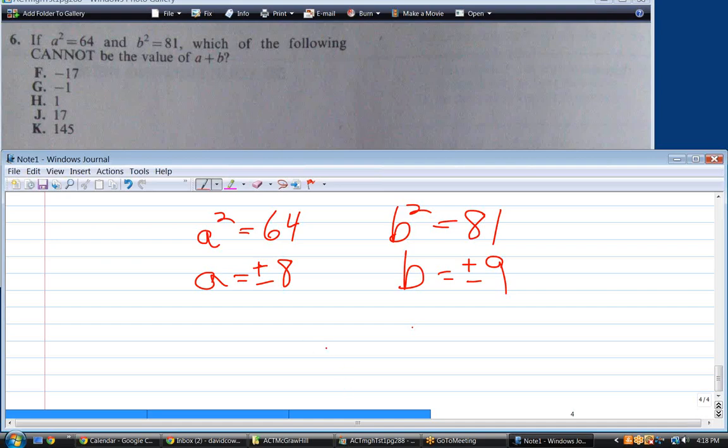In other words, if I say z squared is equal to 25, z is equal to plus or minus 5. Okay? So now that we know A is equal to plus or minus 8, and B is equal to plus or minus 9, could we get minus 17?